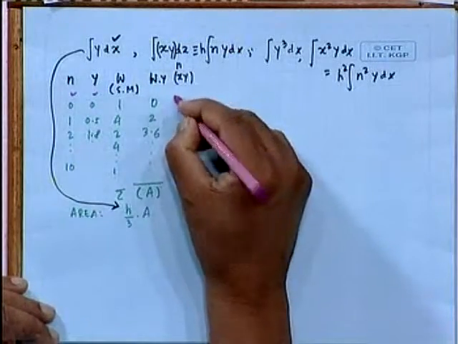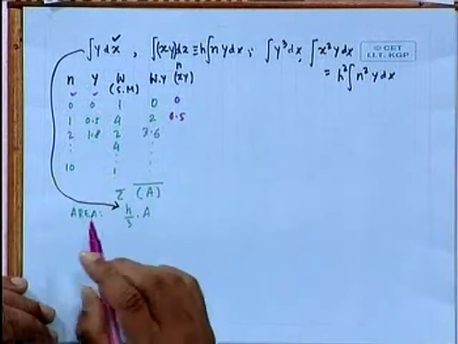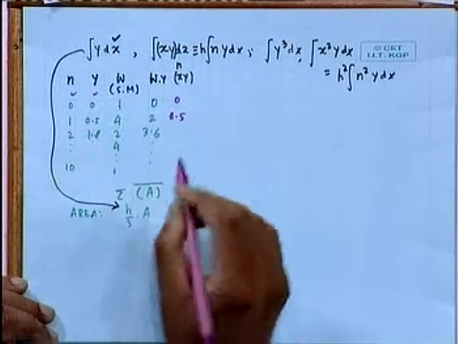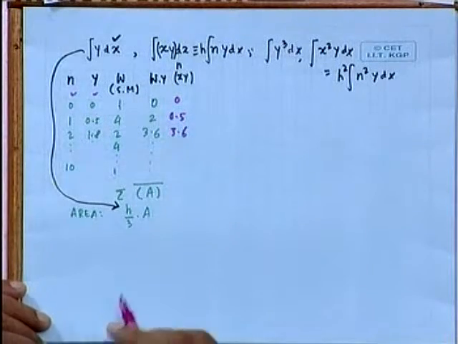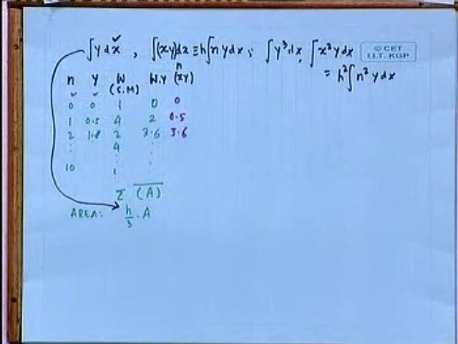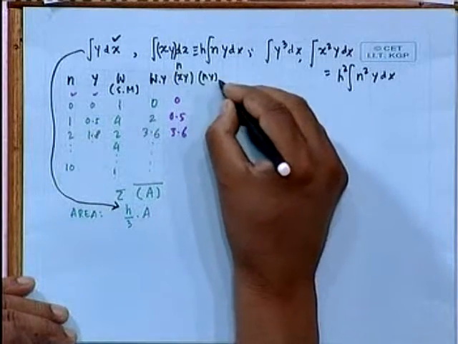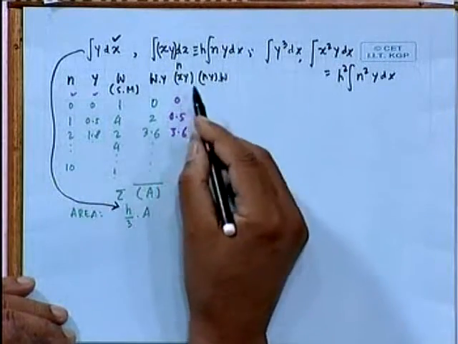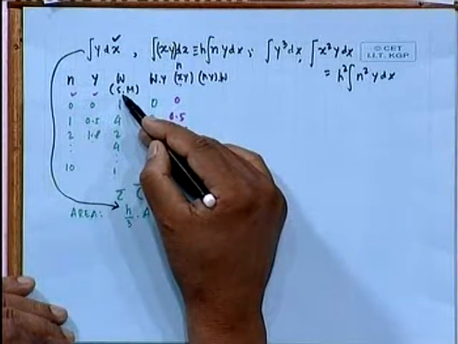That means it is 0, this is 0.5, this is 3.6, like this. Now I have to multiply this column, that is ny, into W, because I am integrating this column. So I have to multiply this column with this W.